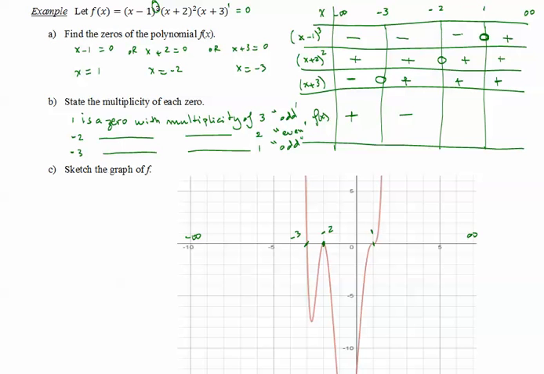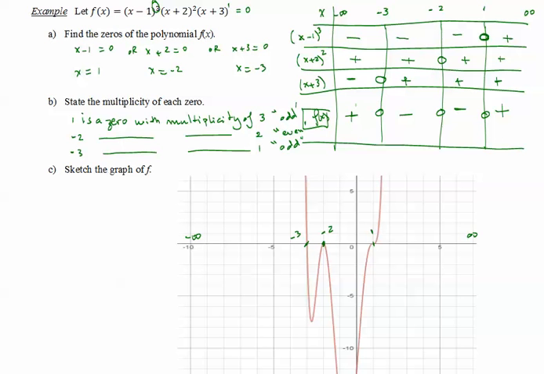And the same here, a negative times positive will give us a negative and a positive. And this function is equal to 0 if x is minus 3, if x is minus 2, and if x equals 1, because they are zeros. So this tells us the shape of this graph. This is the function itself.